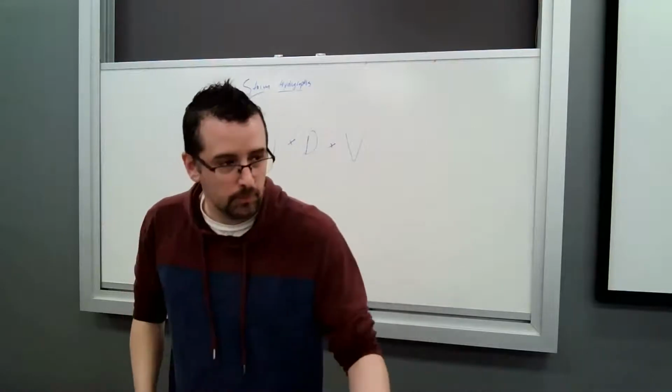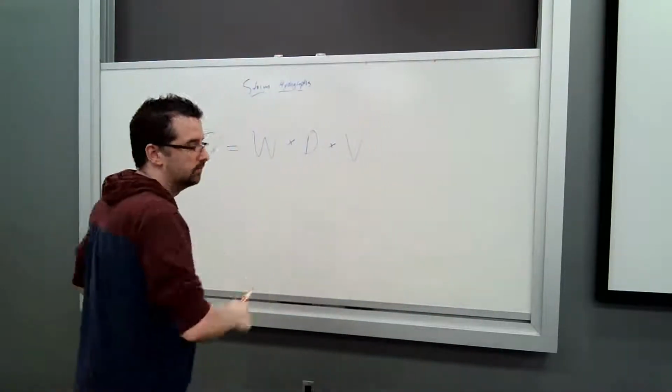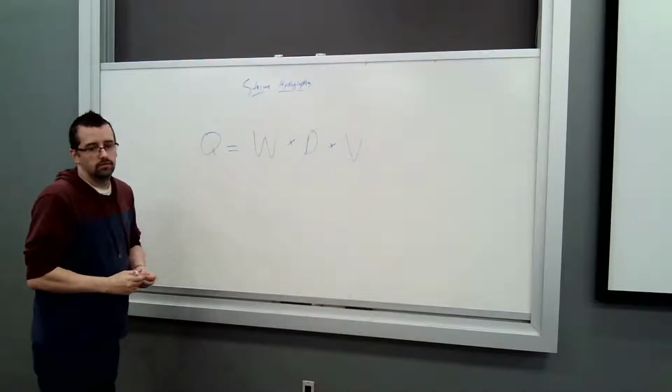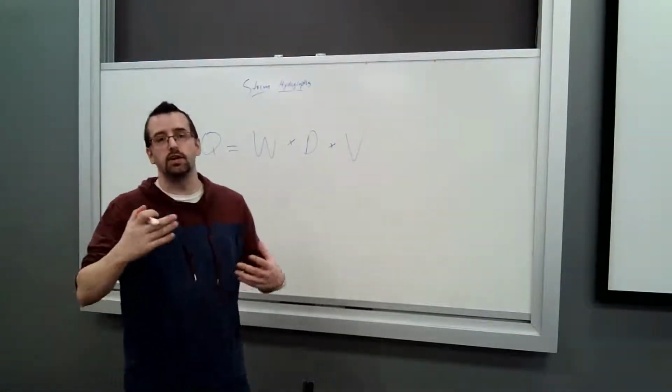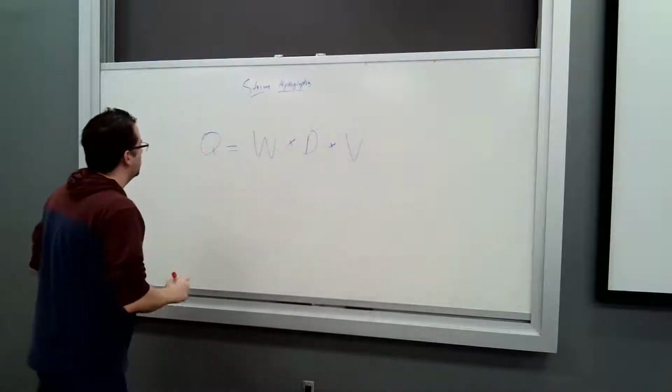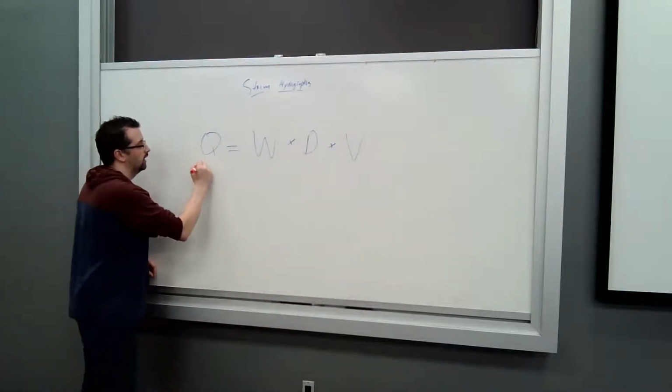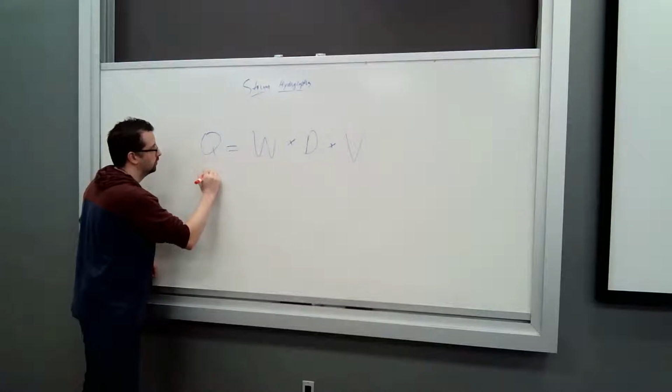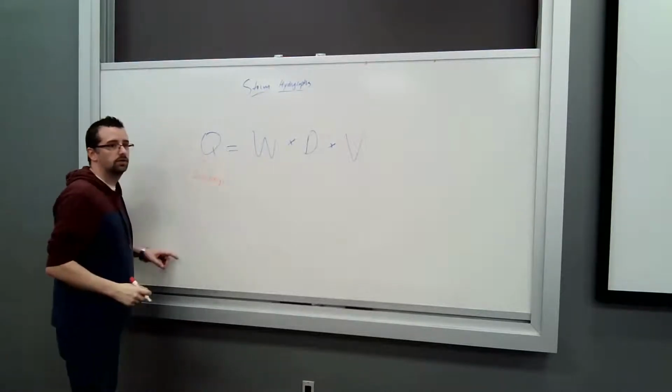Okay. So what does this mean? If I were in class, I'd make you tell me, but I'm going to tell you instead. So the Q is the discharge. Q is discharge.